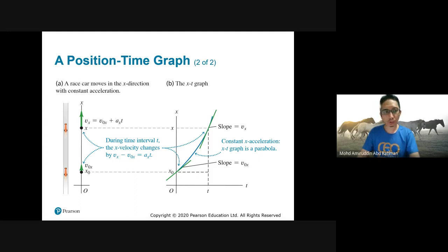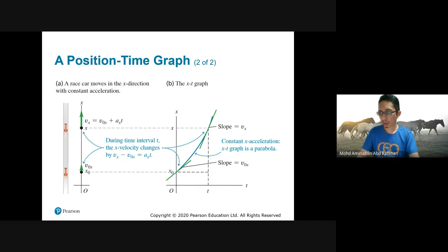Last week we stopped at the position time graph, where we learned about the relationship between the velocity and the displacement, also according to the specific time.